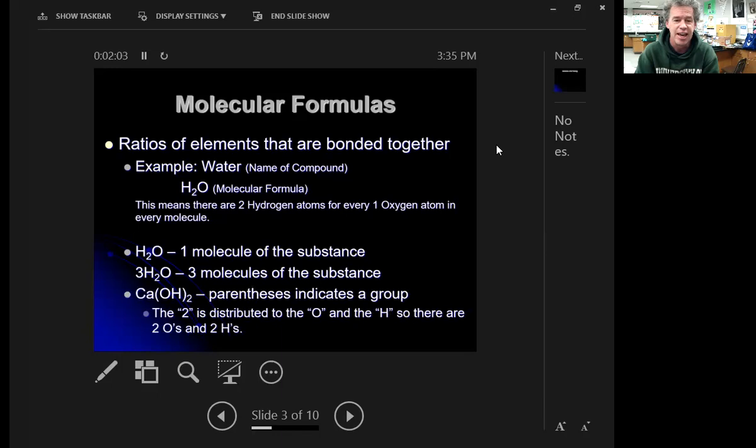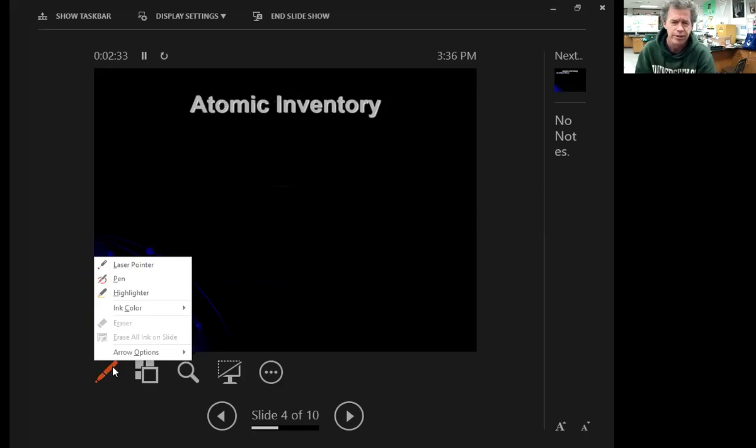If you had Ca(OH)2, then the parentheses indicates a group. So that means you have a single Ca and then 2 OHs on it. If you're counting how many atoms you have there, you have a single Ca and you have 2 OHs.